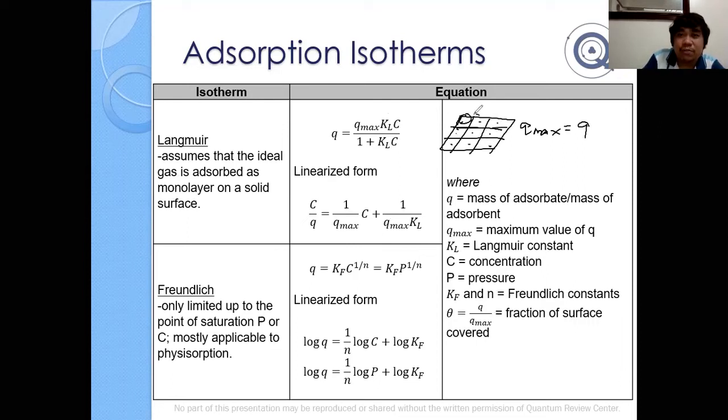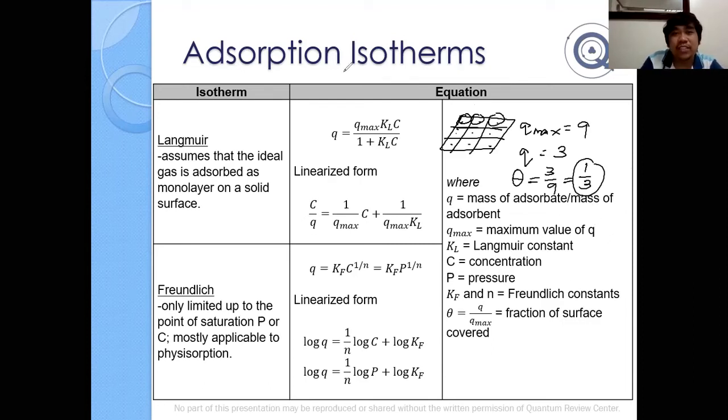Lagay ako ng adsorbate, for example, 3. So, ang Q ko will be 3. Ano yung theta natin? Theta is 3 over 9. That is 1/3. Fraction of the surface covered is 33% or 1/3.